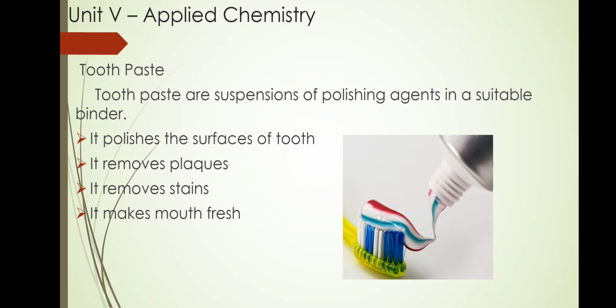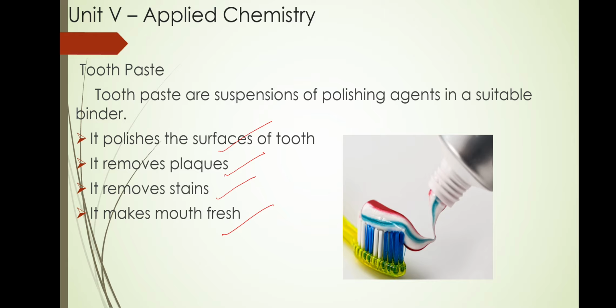Next is toothpaste. Toothpastes are suspensions of polishing agent in a suitable binder. Tooth powder is in powder form; this will be in the form of a paste. That is the difference. It is semi-solid. What are its functions? It polishes the surface of the tooth, it removes plaques, it removes stain, it makes the mouth fresh.